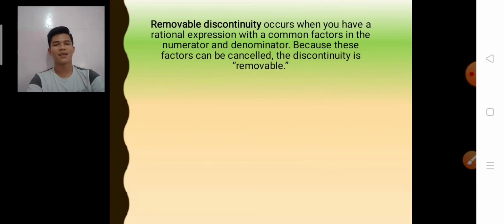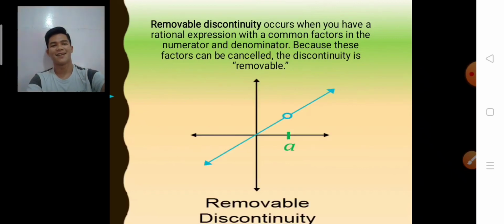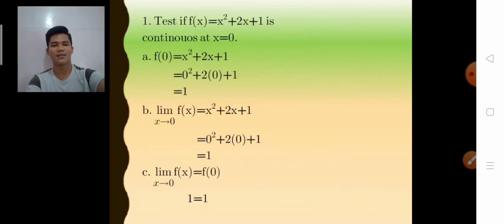That is why this discontinuity is called removable. This is the example graph of removable discontinuity.